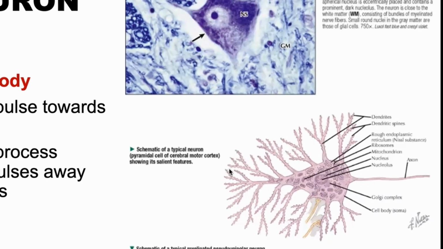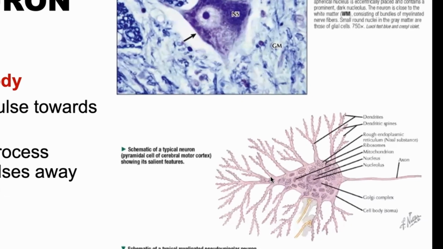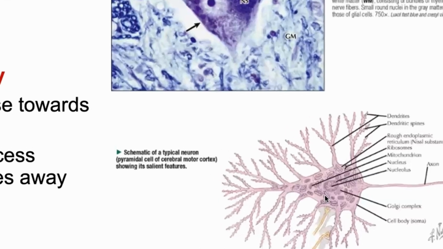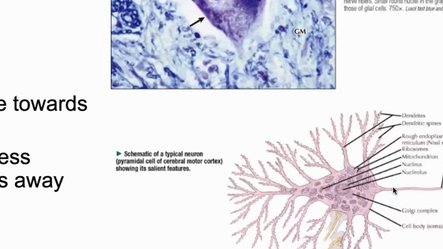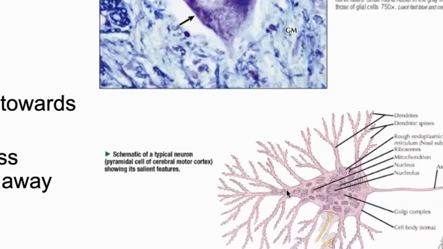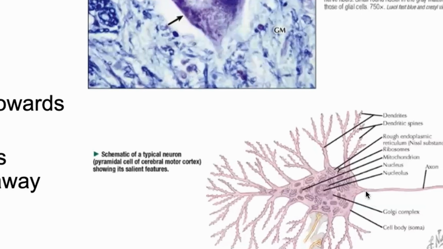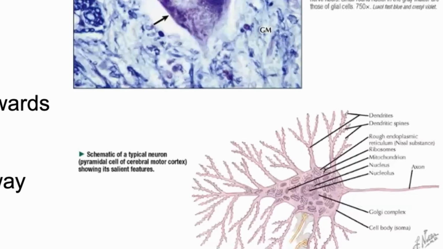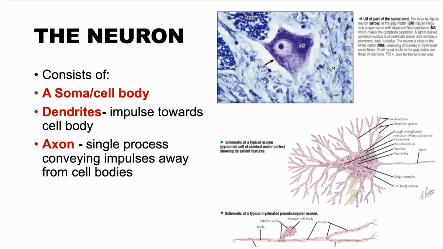So the dendrites will carry signals to the cell body, but the information will travel along the axon too, and can go from the axon to the cell body and back to the dendrites, or the other way. The information can go both ways. You call it anterograde or retrograde, so it can go forward or backward.